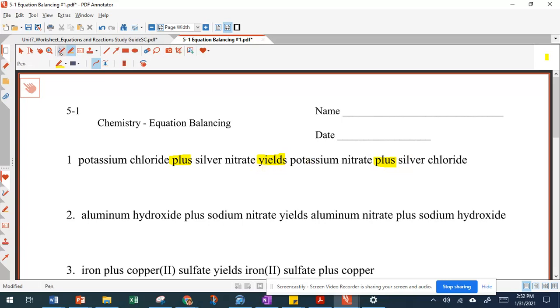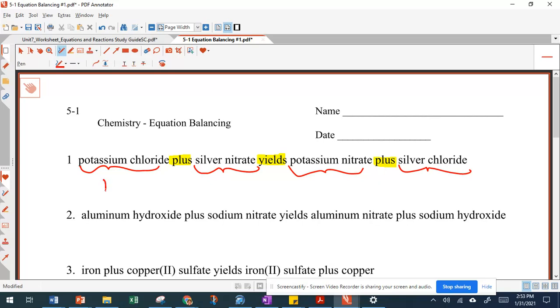So things that are on either side of these words are going to be either compounds or elements. So obviously potassium chloride is a compound, and then we have silver nitrate, then potassium nitrate, and silver chloride. So we're going to write these as formulas. If we see prefixes, remember, those will become our subscripts, and that means we have a covalent compound. If we do not see prefixes, then we have ionic compounds, and we need to use our charges and most likely our list of polyatomics.